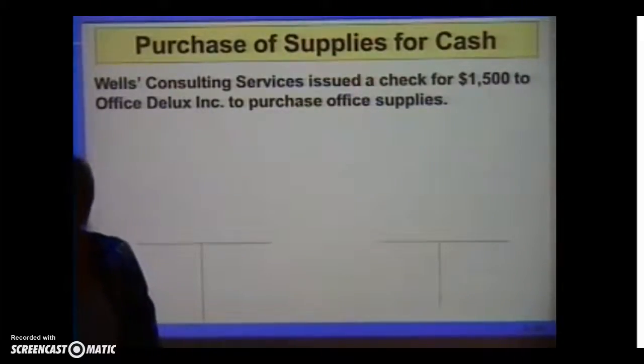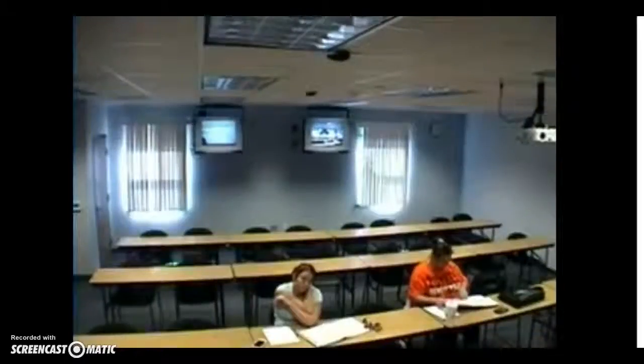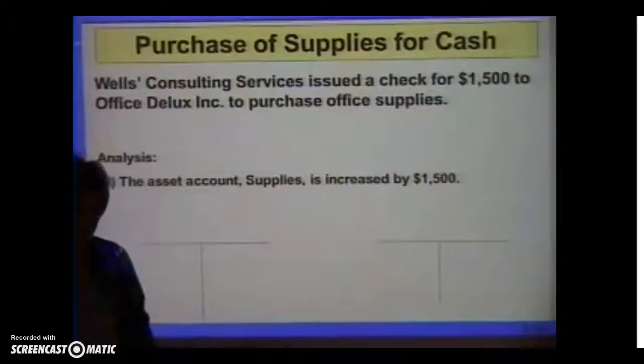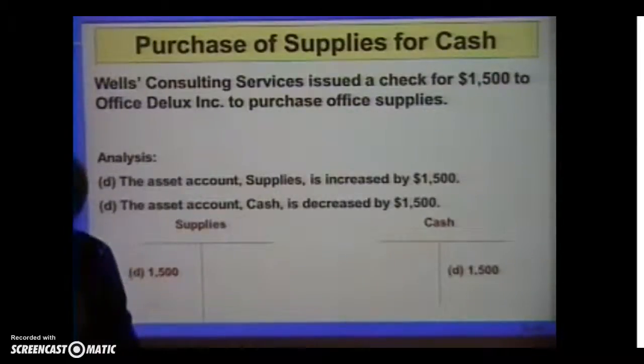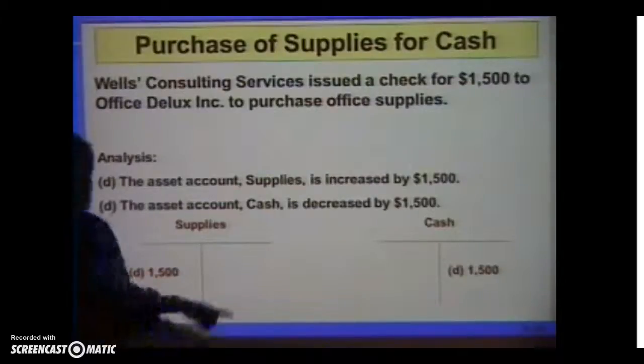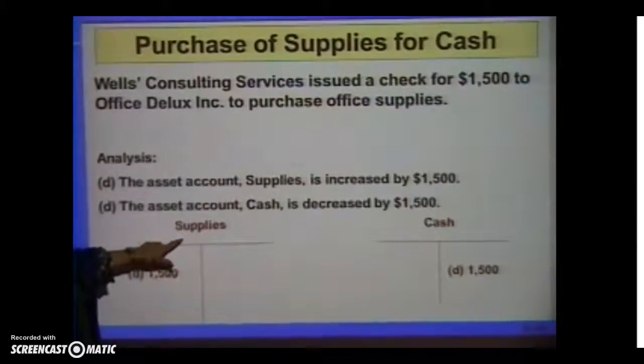on which side. So if we issued a check to purchase office supplies, what happened here? What kind of accounts were affected? That's right, 2 asset accounts. Supplies is an asset, it went up.